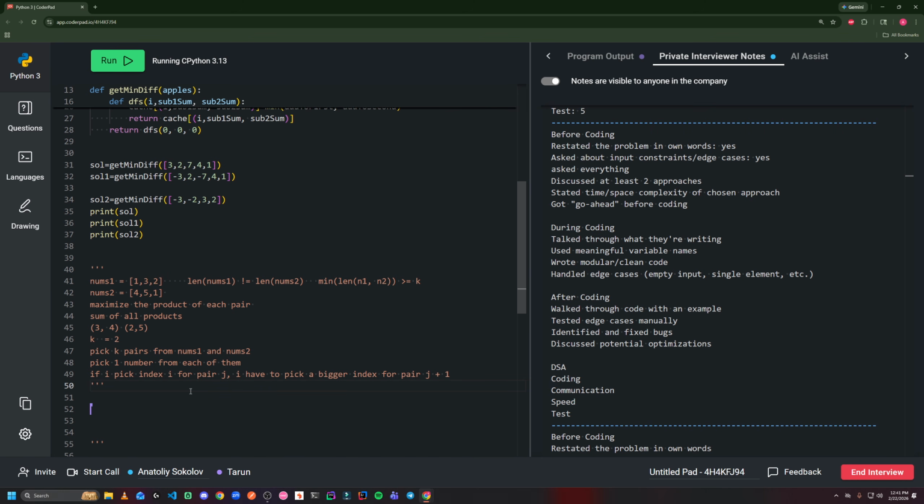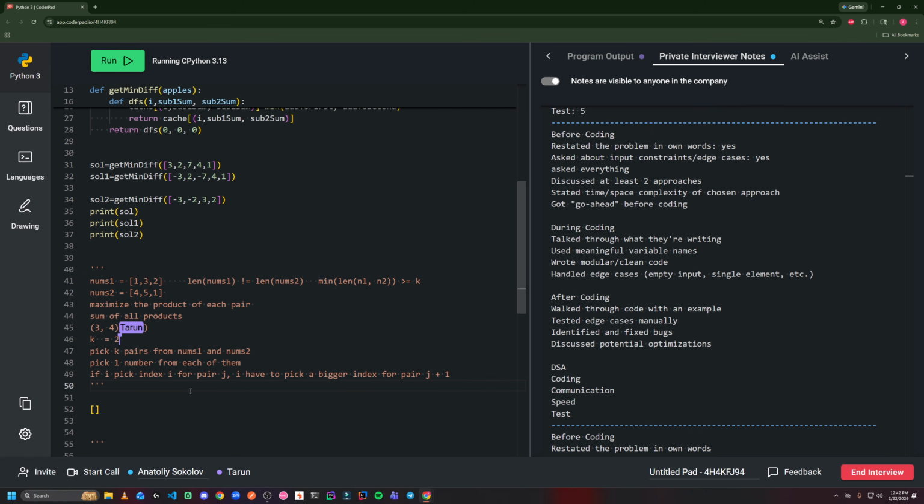I'm thinking about maintaining two queues for nums1 and nums2. For example, if I have 1, 3, 2, that means my queue should get... So this k constraint is blocking me from choosing.